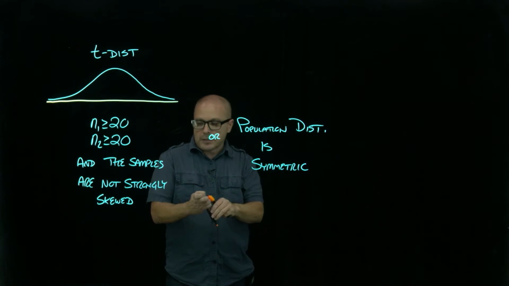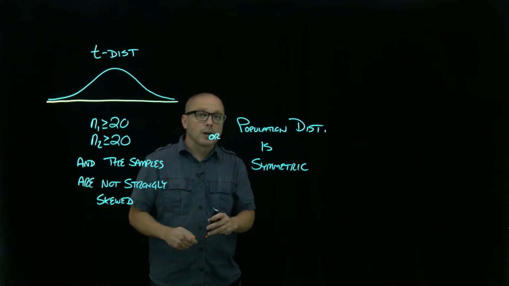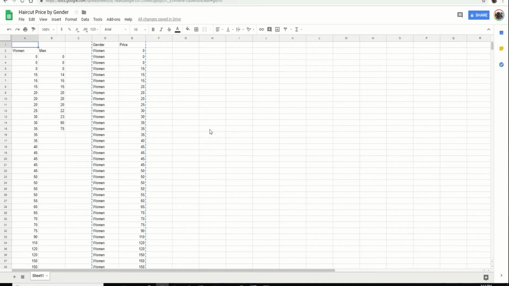So let's go to the app and we'll look at that haircut and gender data we were looking at before. OK, so here we have our haircut price by gender data we were looking at before. And here it is separated out as two separate sets of data. Here it is stacked.